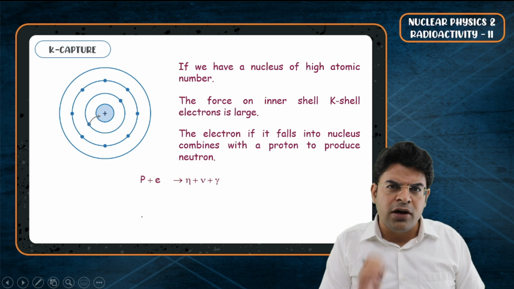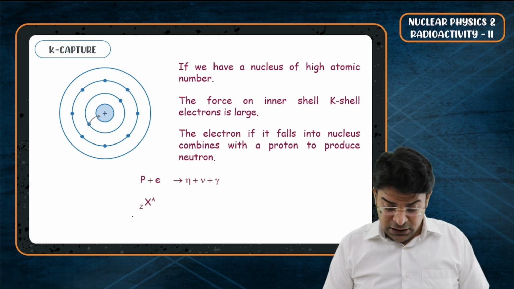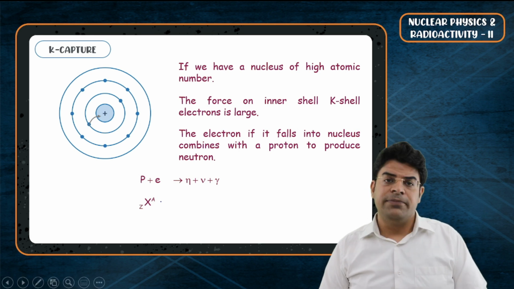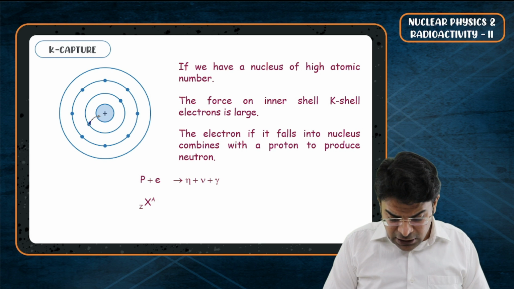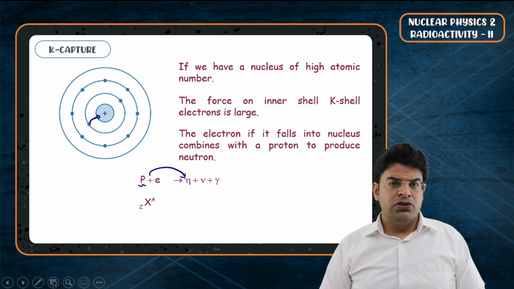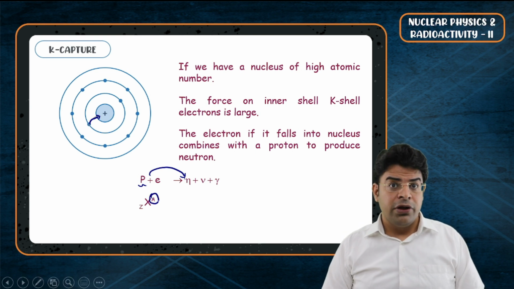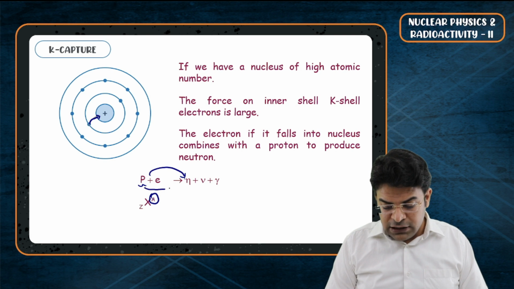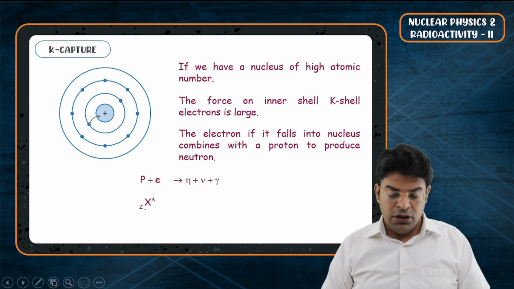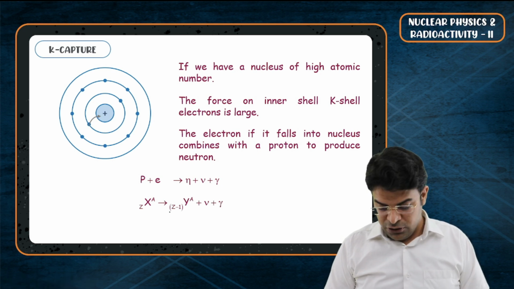If we talk in terms of the atom, if the atom has the symbol X, the number of protons Z, and the atomic mass A, then once the electron has fallen, one of the protons converts into a neutron. So the number of nucleons remains the same, so the mass number remains the same. But now since one of the protons has converted into a neutron, the atomic number reduces by 1. So we say ZXA converts into Z minus 1.